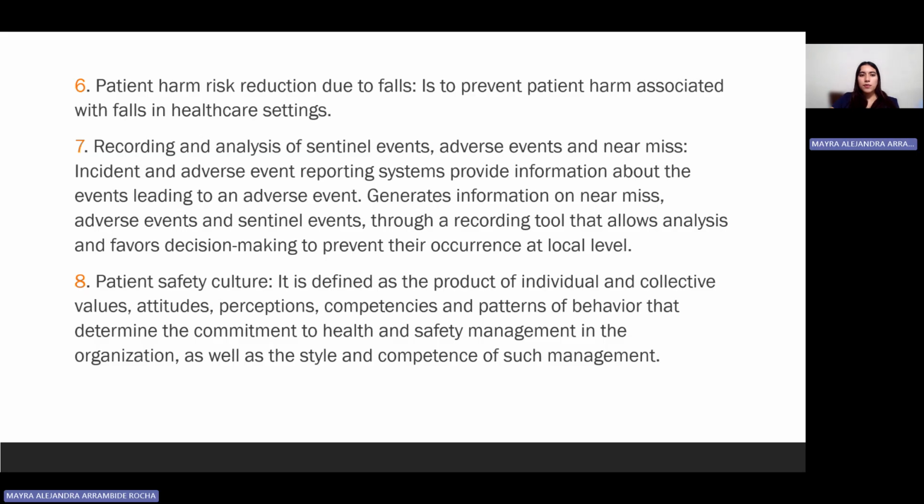Incident and adverse event reporting systems provide information about the events leading to the adverse event, and generate information on near misses, adverse events, and sentinel events through a recording tool that allows analysis and favors decision making to prevent their occurrence at local level.